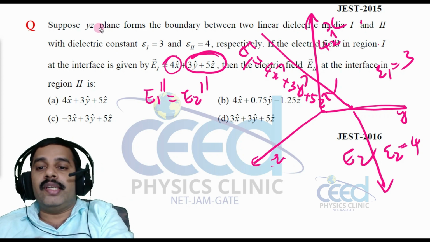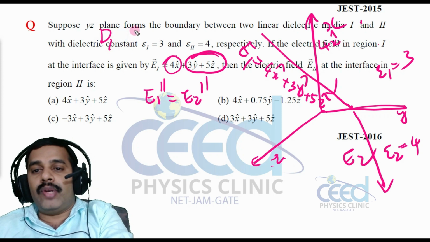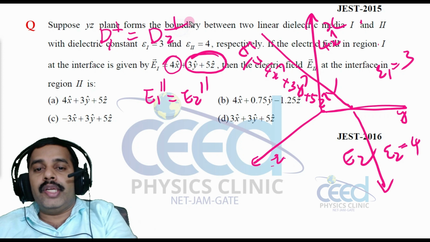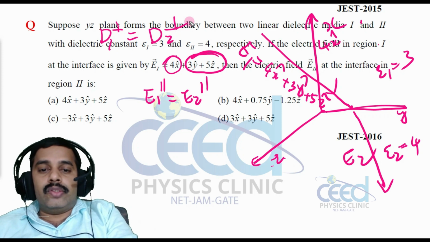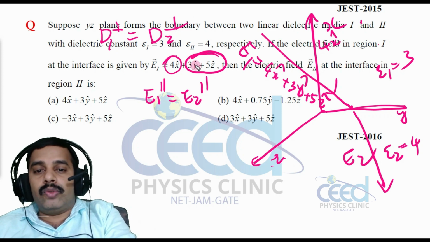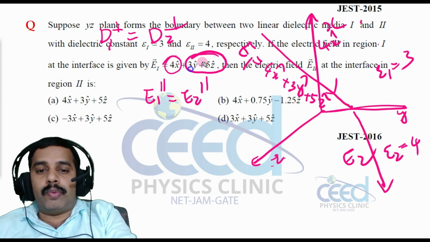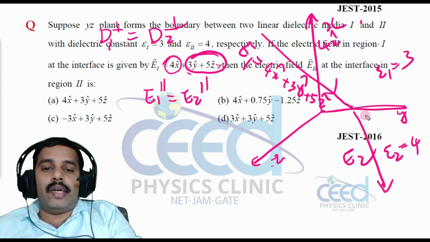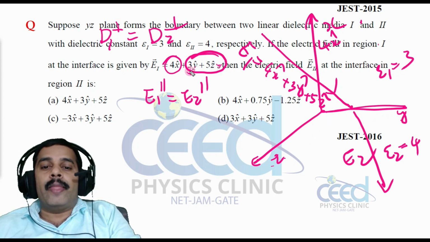We have already studied the boundary condition of electric displacement, D1 perpendicular is equal to D2 perpendicular, right? So only this part we are going to calculate. This part we can write the same, because the parallel components are not going to change, that is, parallel to the YZ plane. So 3y cap plus 5z cap.